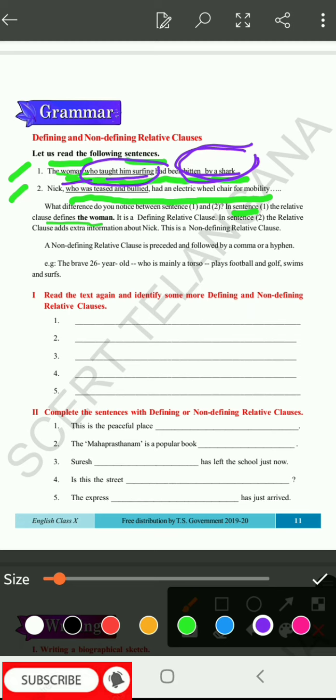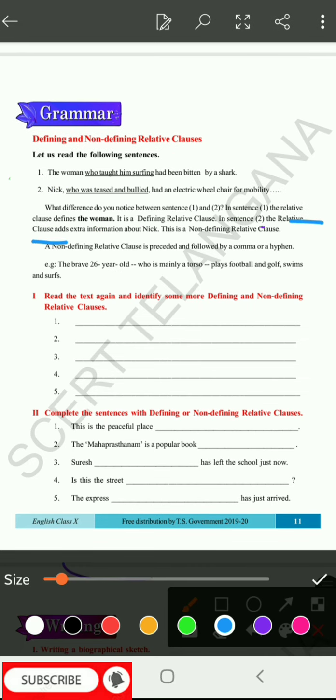In the first sentence, the woman is defined, so that is called a defining relative clause, as we saw just now. That is, a part of the sentence which gives us information about the noun is called a defining relative clause. In sentence 2, the relative clause adds extra information about Nick.